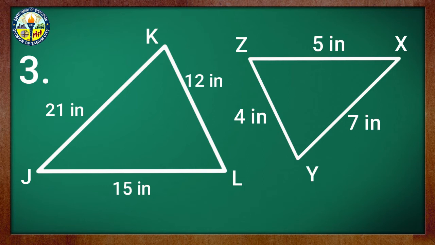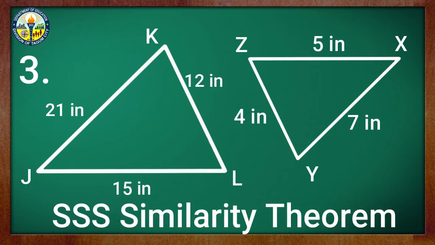Correct. Triangle JKL is similar to triangle XYZ. What would be our similarity postulate or theorem? That's right, SSS similarity theorem. Why?